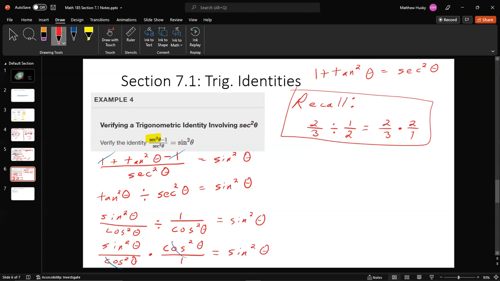So what you're left with when all is said and done is sine squared theta equals sine squared theta. And there you have it. That checks out. Those are indeed equivalent expressions, which is what we were trying to show in the first place.